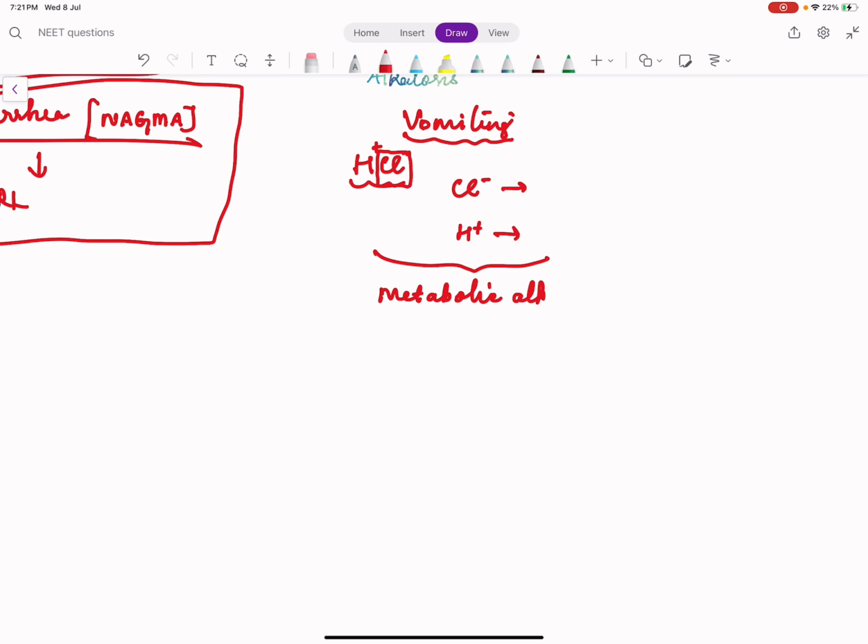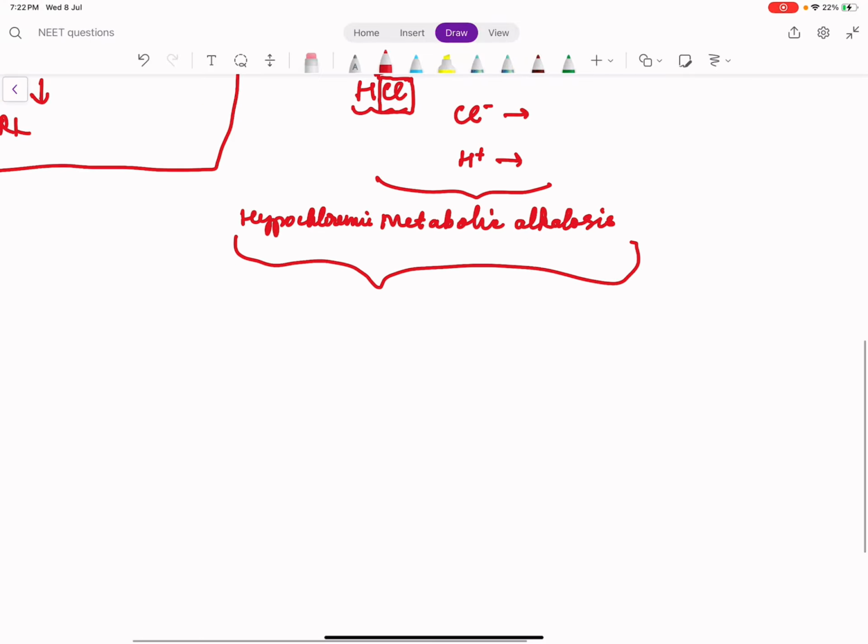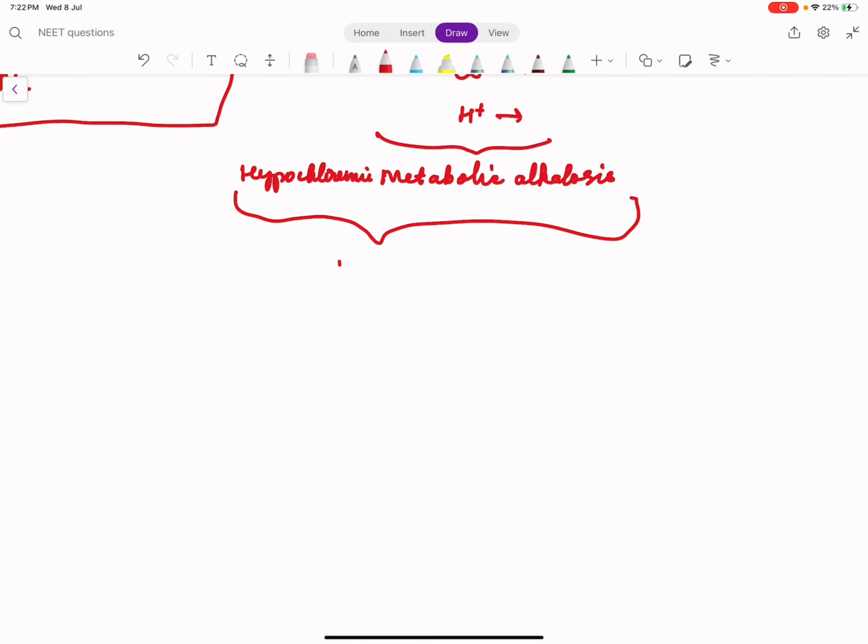So diarrhea causes normal anion gap metabolic acidosis, but vomiting causes loss of chloride and H+, so it causes hypochloremic metabolic alkalosis. So what is preferred here? Fluid which is actually acidic. So NS is the best drug because it causes hyperchloremic metabolic acidosis, right?